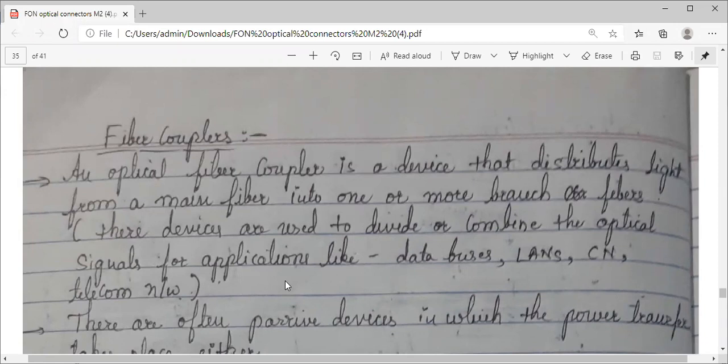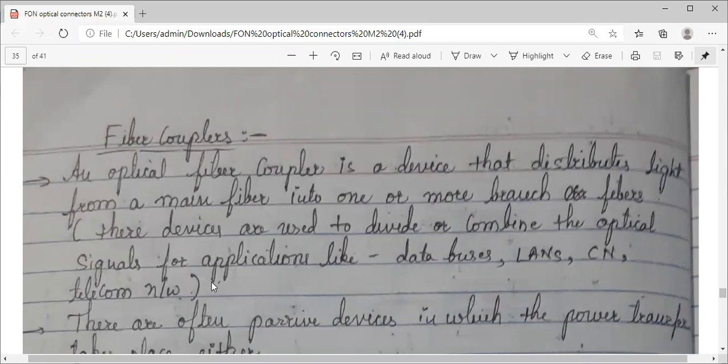Even though this is not part of that connection process, we have included this also in the category of jointing two different fibers, because a coupler is one device through which you will either split the power or combine the power. It can act as a power splitter or a combiner.